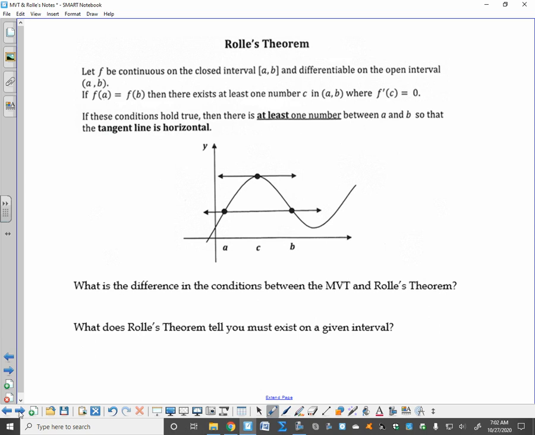Now let's talk about Rolle's. Rolle's is kind of like a cousin to the MVT, but there is a difference. Rolle's is very particular, very picky. So we'll say that MVT and Rolle's are related.